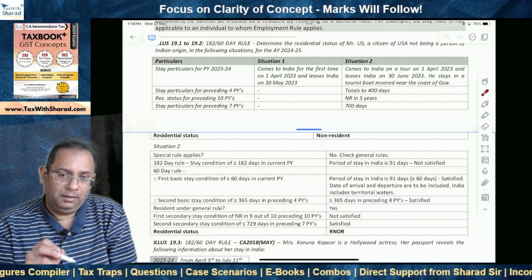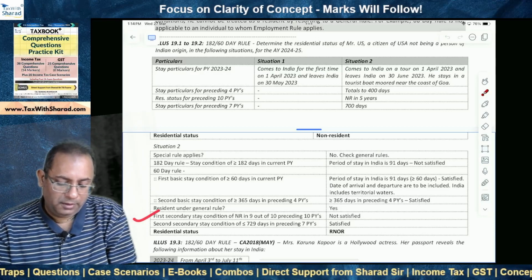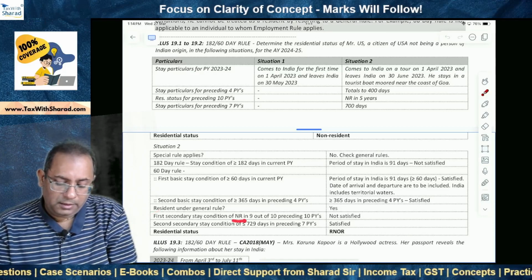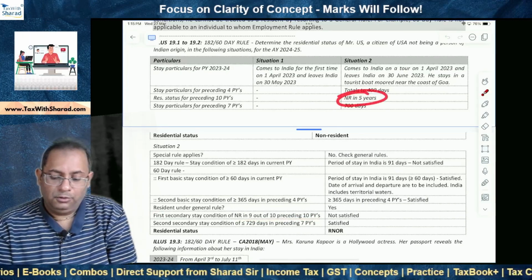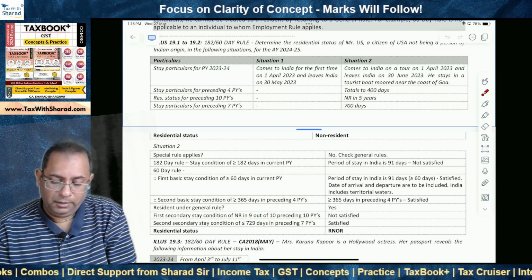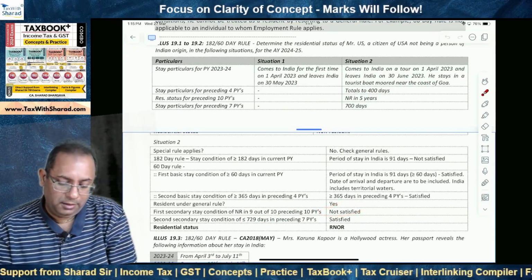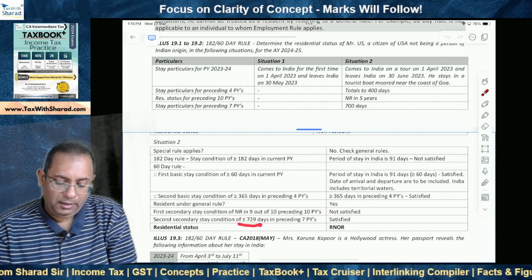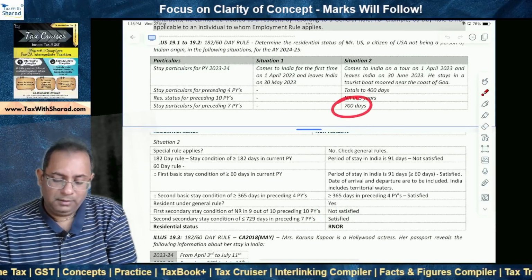So there are two secondary stay conditions. What is the first one? Non-resident in 9 out of 10 preceding previous years. It is given he was non-resident in 5 years, not 9 out of 10. So this is not satisfied. What was the second condition? Should be 729 days or less in the preceding 7 previous years. In the question it is given 700 days.